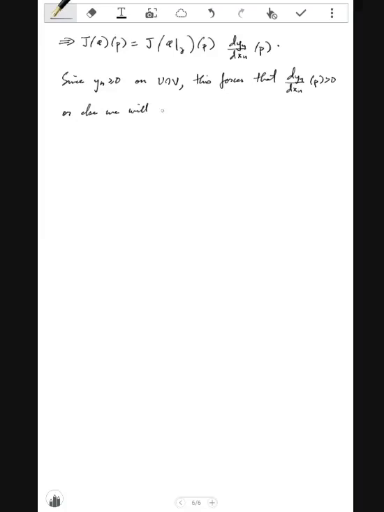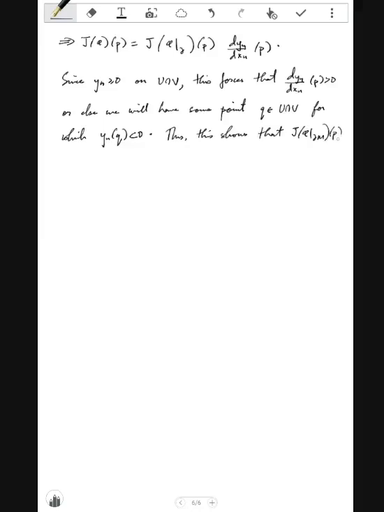Or else we will have some point Q in U intersection V for which yn of Q is strictly less than 0. So thus, this shows that J phi restricted to the boundary of M at P is positive.